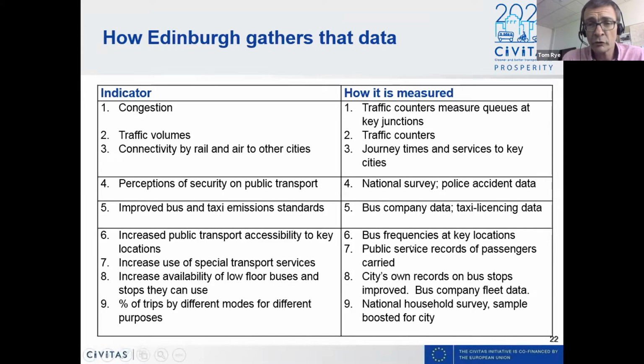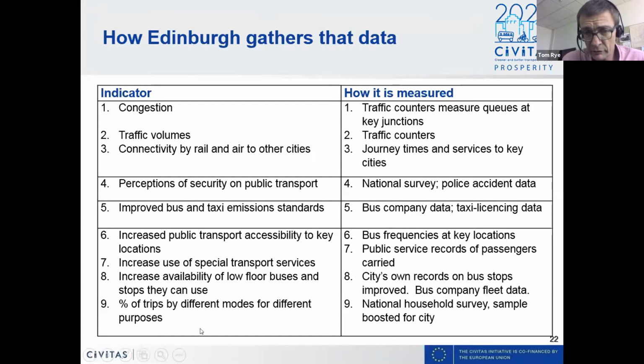So you can see here, if you look down this list of the indicators, the measurement of the indicators is quite simple and also relies as much as possible on existing data. The one variation to that is the National Household Survey for mode shift.